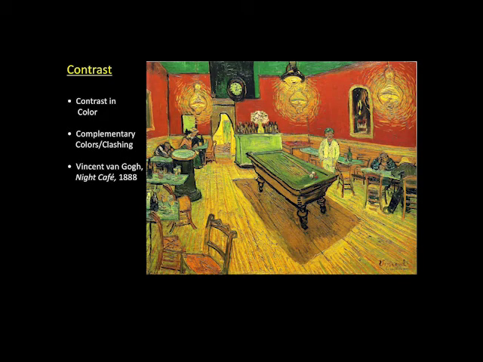Now, contrast in color. Complementary colors clashing. So in this Van Gogh piece, which is a much better slide than the one I showed you in the other elements presentation, the bright, saturated, really pure red-orange against this nearly sickening green and these extremely vibrant yellows.